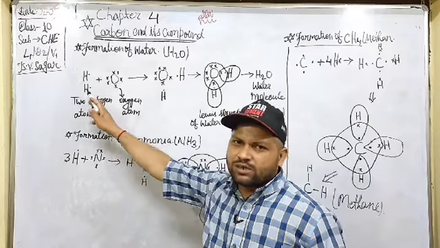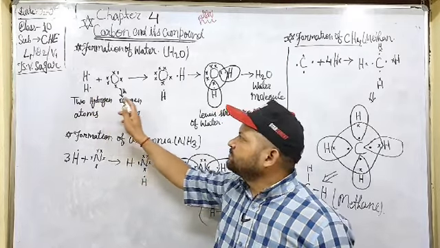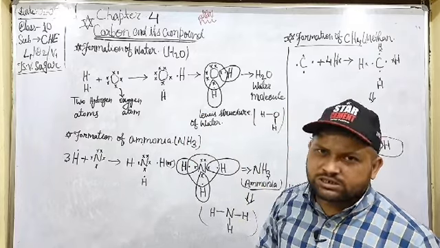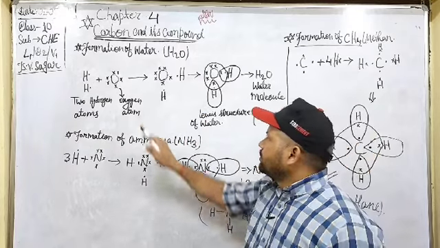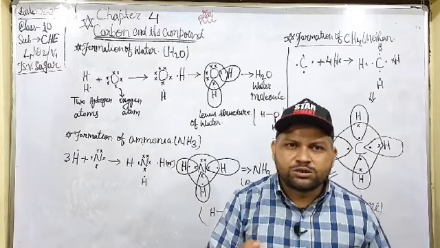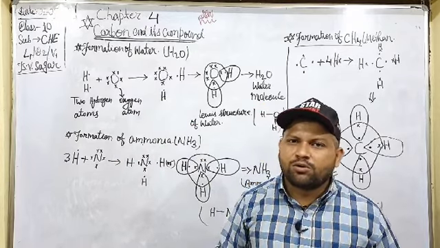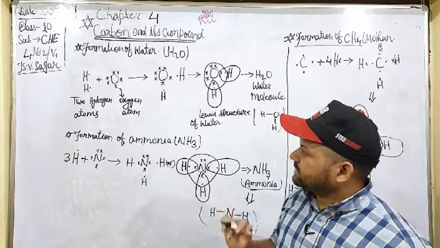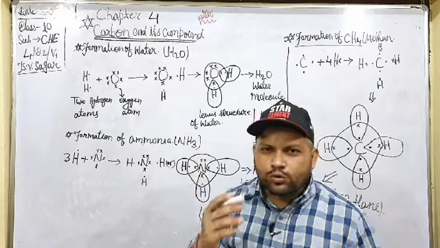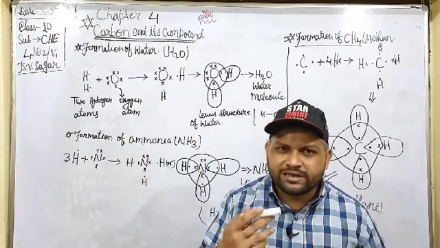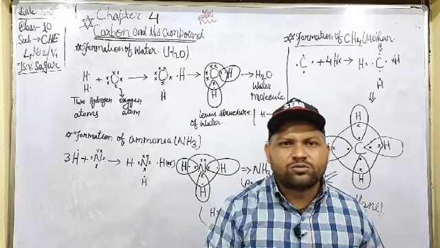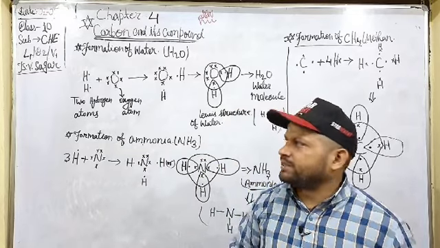Here two hydrogen atoms participate in the Lewis structure of H2O. And the number of electrons present in the outermost shell of the oxygen atom is 6. So oxygen requires 2 electrons to complete its octet, and each hydrogen requires only 1 electron to complete its duplet.